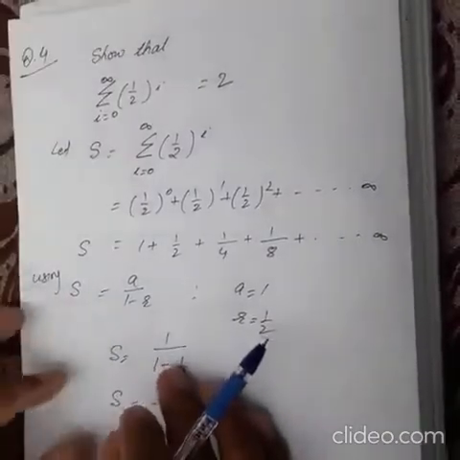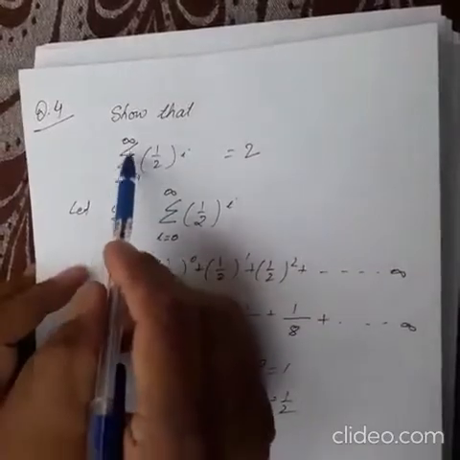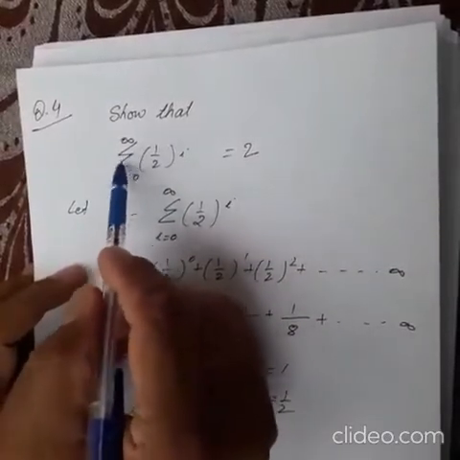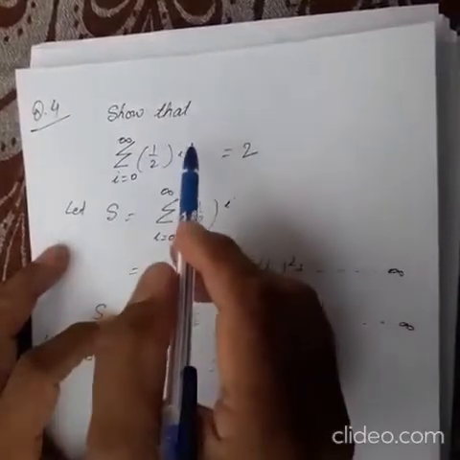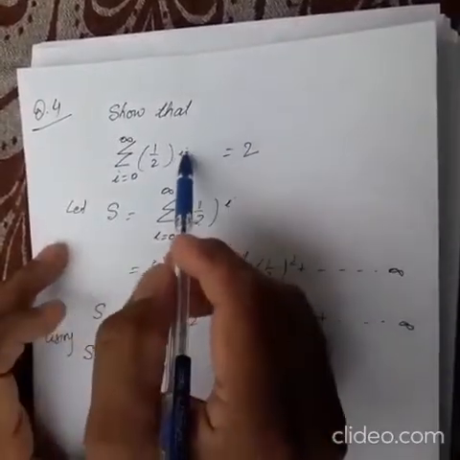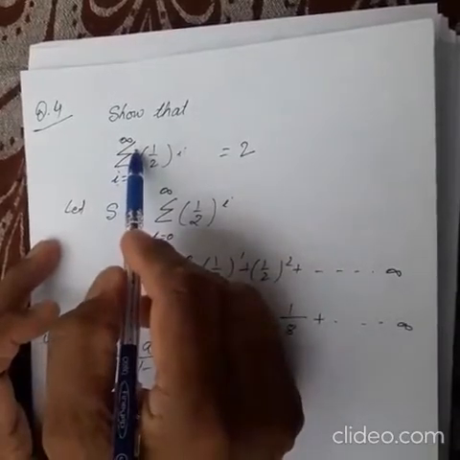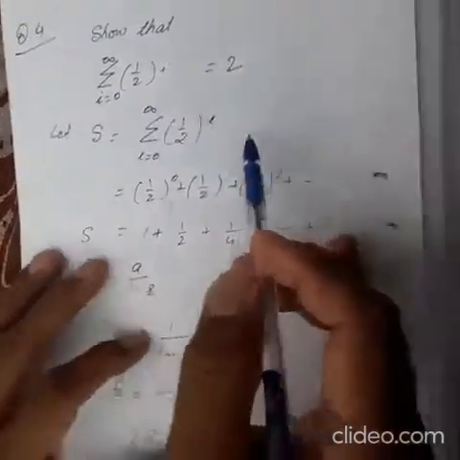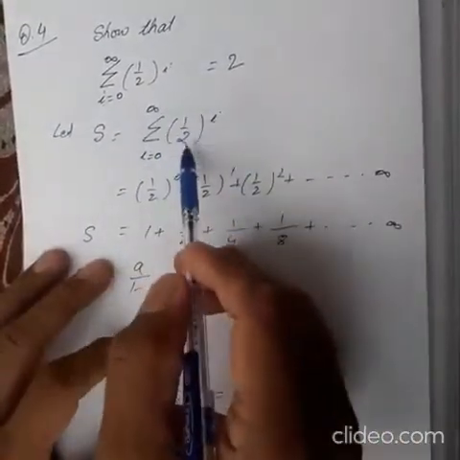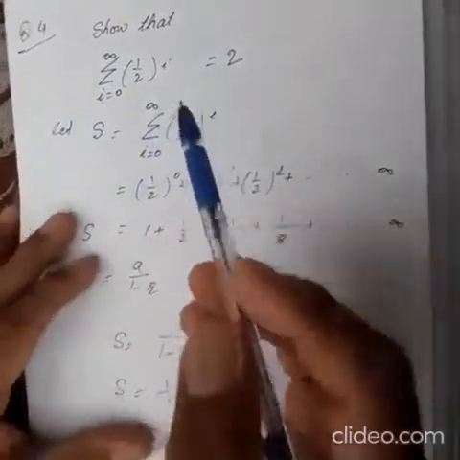Now the next question is, show that the summation of, we know this symbol stands for summation or sum of, 1 upon 2 raised to the power I, where I varies from 0 to infinity, is equal to 2. Now let S be the summation of 1 upon 2 raised to the power I, where I varies from 0 to infinity.